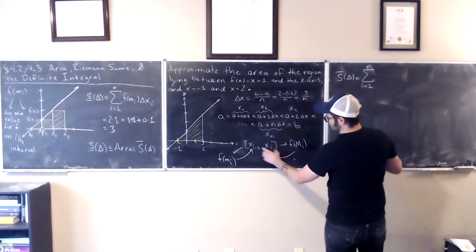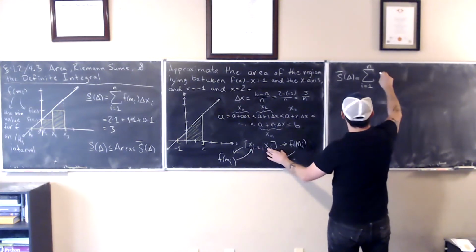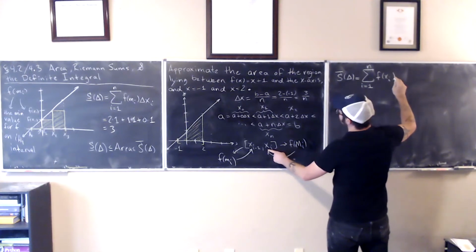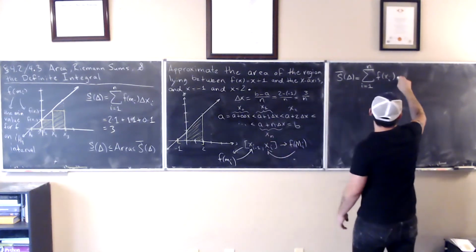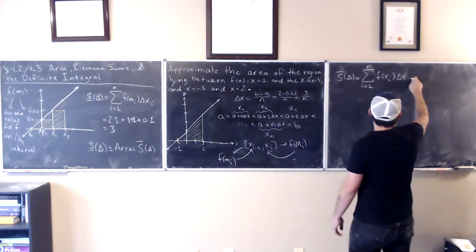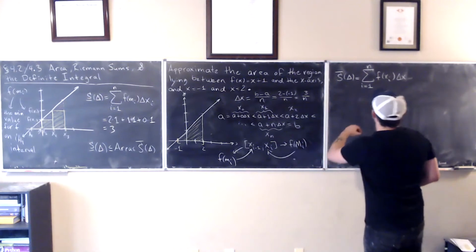For each of these intervals, it's going to be f of xi times the change in x. But actually, we know what the change in x is.